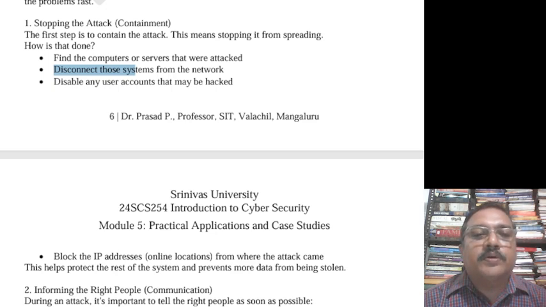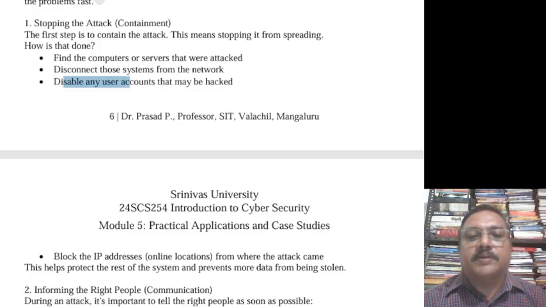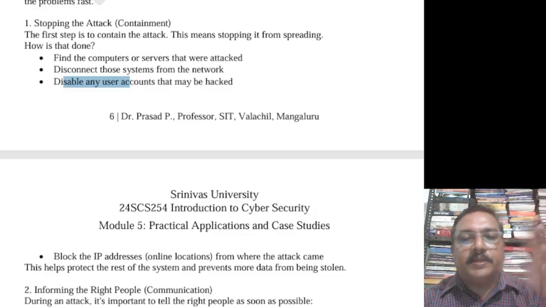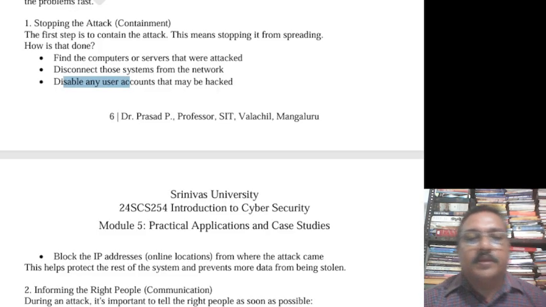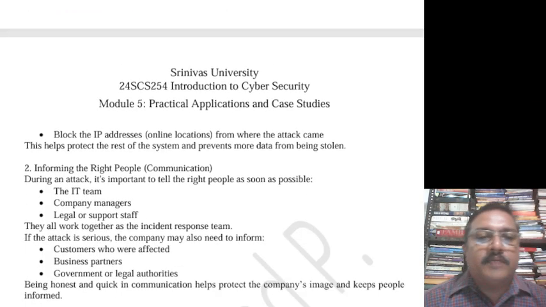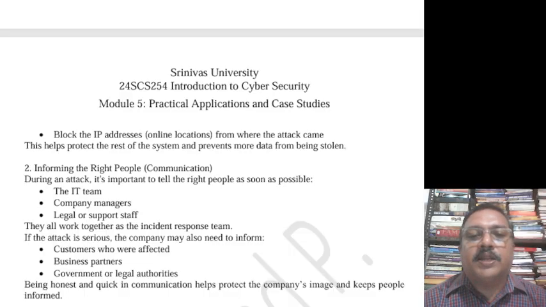We need to disable any user accounts which are hacked. That disabling can be done by the admin, the one who is controlling that system. And we need to block the IP addresses, the online locations of the attackers, which will help to protect the rest of the system and prevent more data from being stolen.